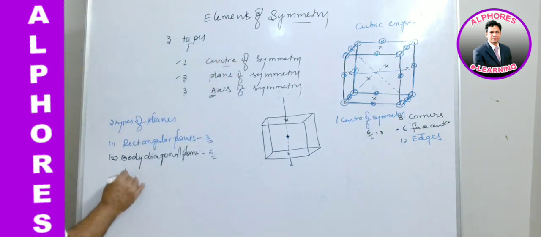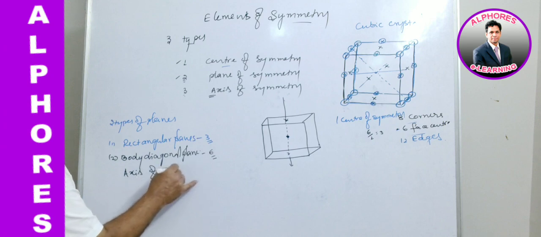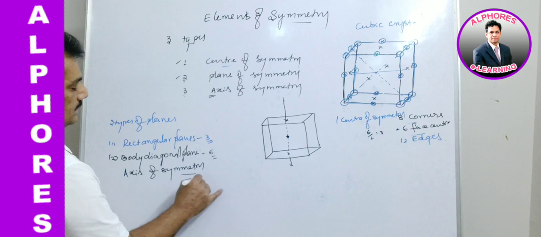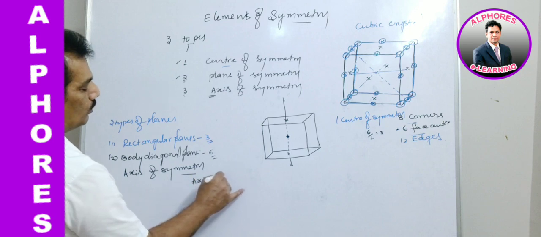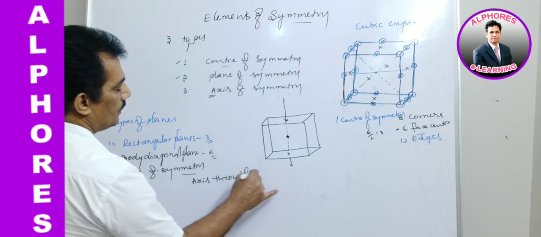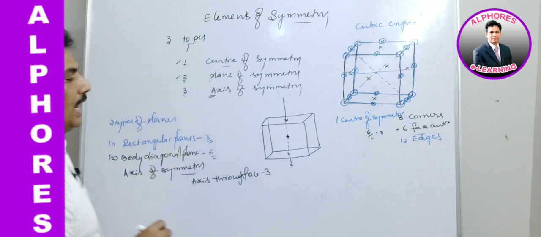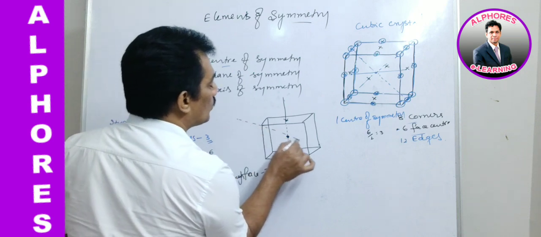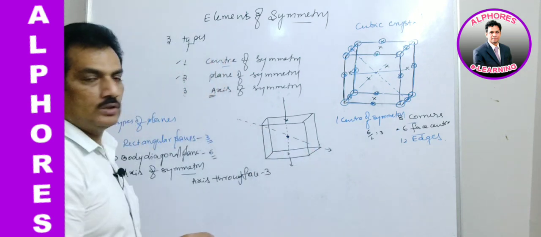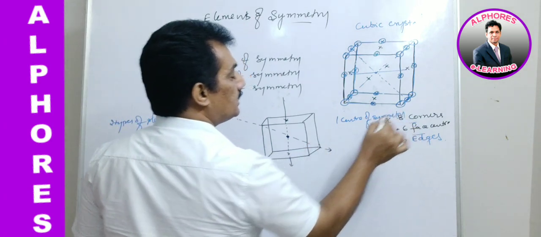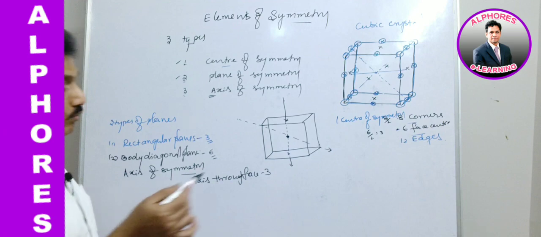Here, the axes of symmetry for a cubic crystal: axis through face centers, 3. We can draw the axis by passing through corners also. As the corners are 8, 8 by 2, because each axis every time will cover 2 corners, that is 4.